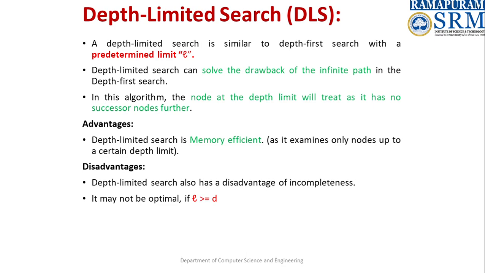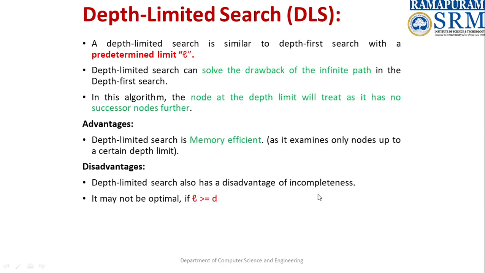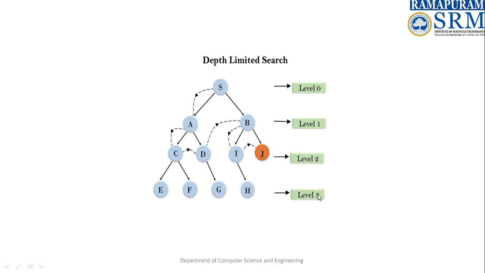Now, we saw the advantages and disadvantages. One disadvantage is that it is incomplete. When does it become incomplete? Suppose your goal state is somewhere in level 10, and you defined the depth limit as 8 itself.